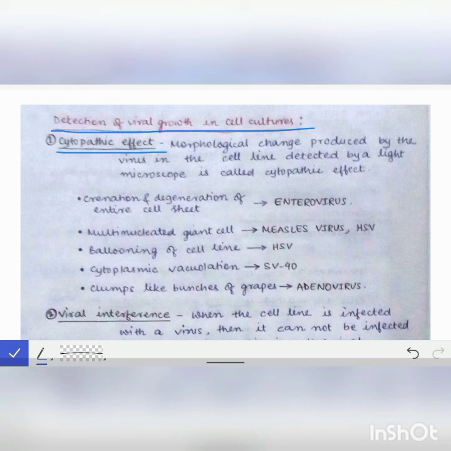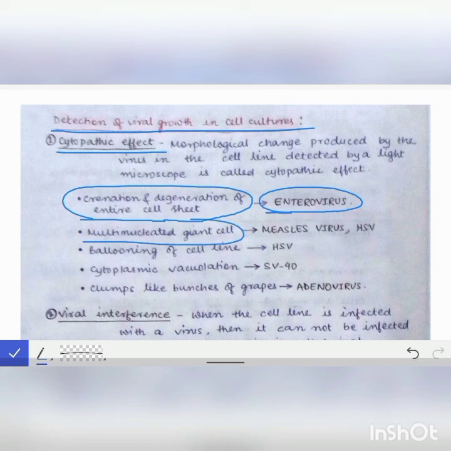So for example, if we see crenation and degeneration of the entire cell sheet, then we can presume that the virus may be the enterovirus. If we see multinucleated giant cells, then we can infer that it may be a measles virus or herpes simplex virus. So that's the importance of these cytopathic effects.